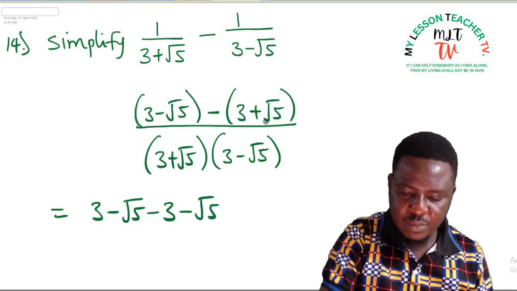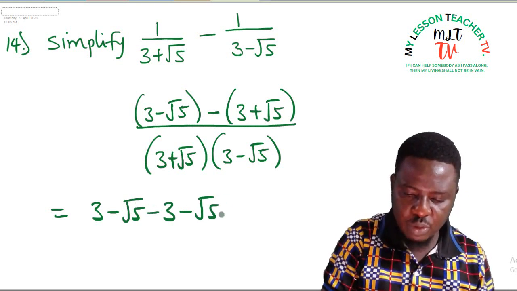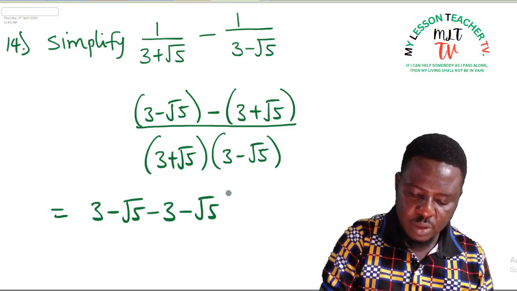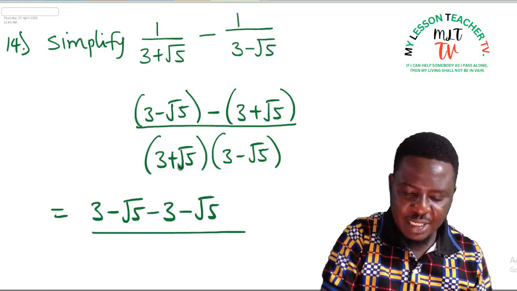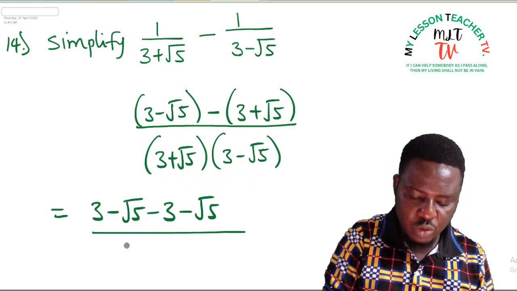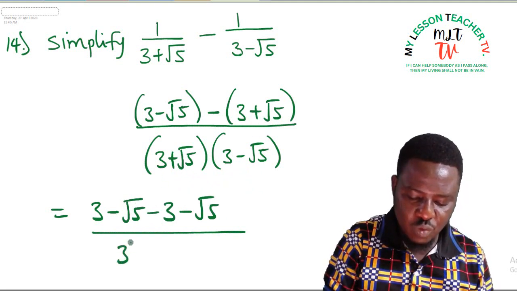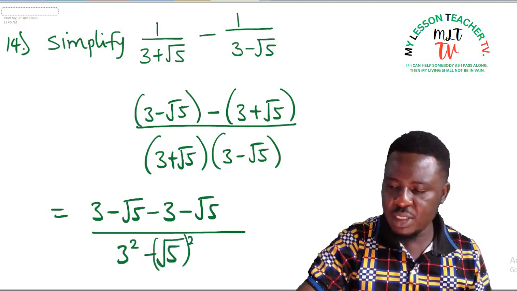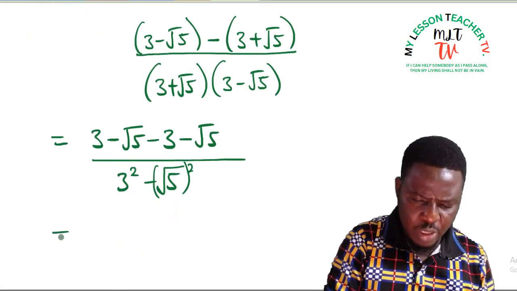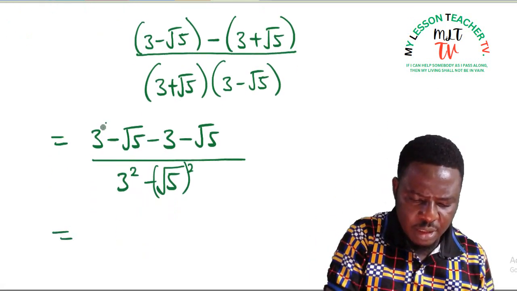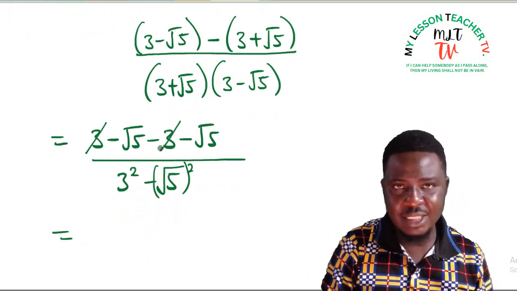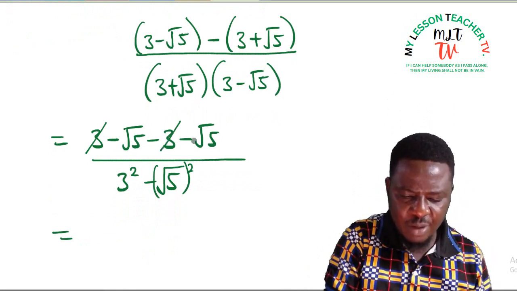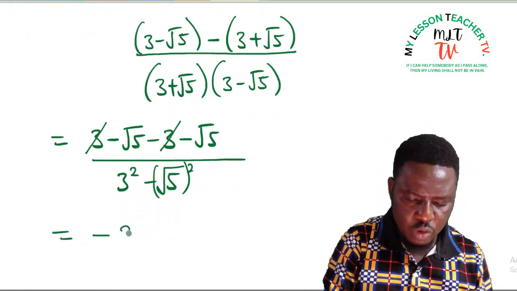For when you expand, minus times plus becomes minus. So divide by, these are conjugates, so it's going to give us 3 squared minus root 5 squared. And we know that root 5 squared is 5. This will be equal to, collect like terms, this is plus 3 minus 3 is 0, and minus root 5 minus root 5 can be said to be minus 2 root 5.